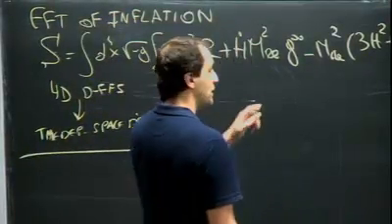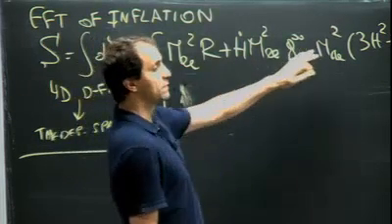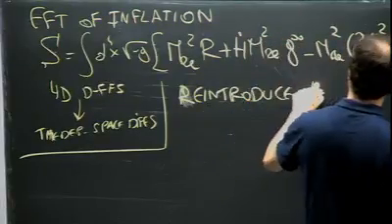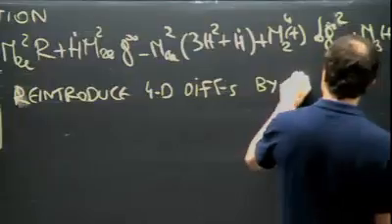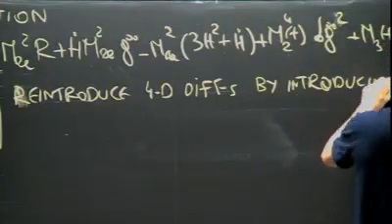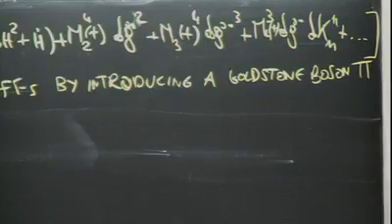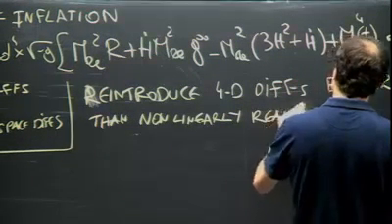So, in order to make this explicit, it's possible to reintroduce the 4-dimensional diffs by introducing a Goldstone boson, which we call pi for historical reasons, that nonlinearly realizes the diffs.